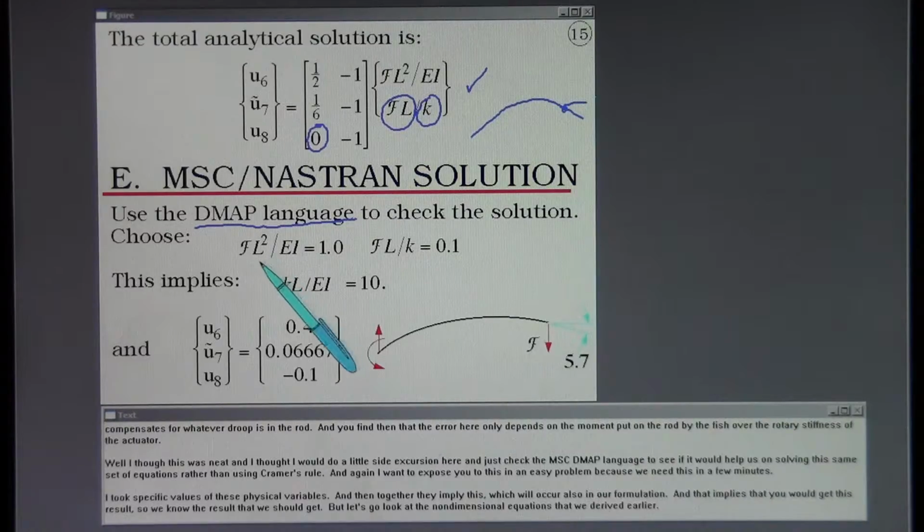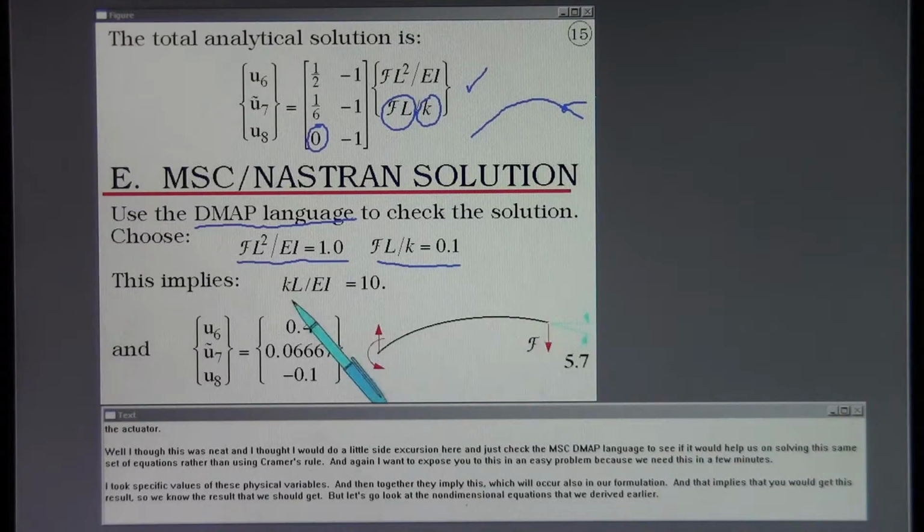I took specific values of these physical variables, and then together they imply this, which will occur also in our formulation. And that implies that you would get this result. So we know the result that we should get. But let's go look at the non-dimensional equations that we derived earlier.